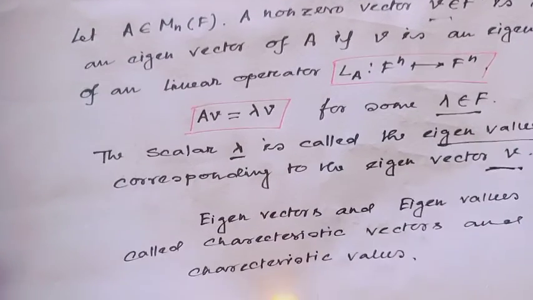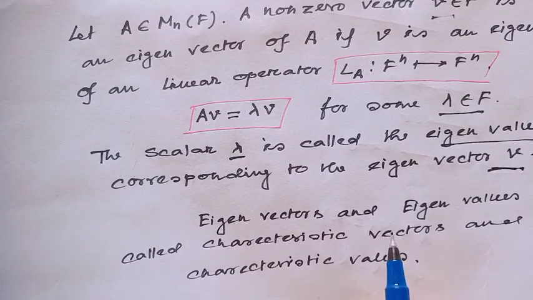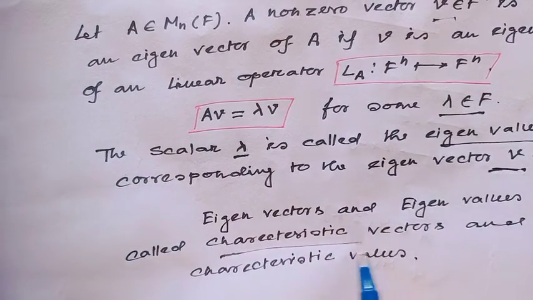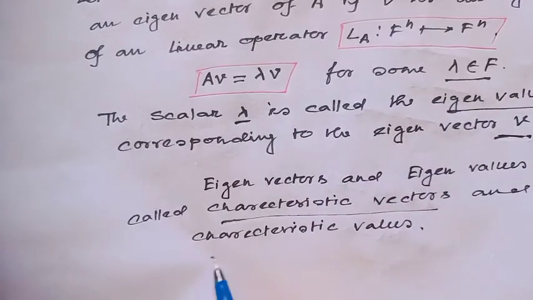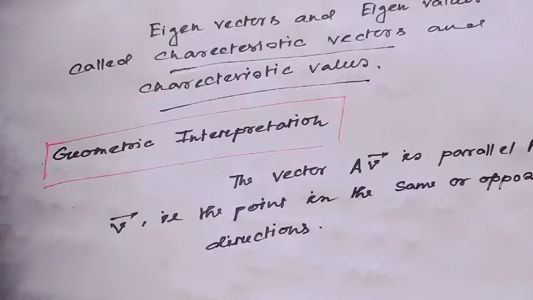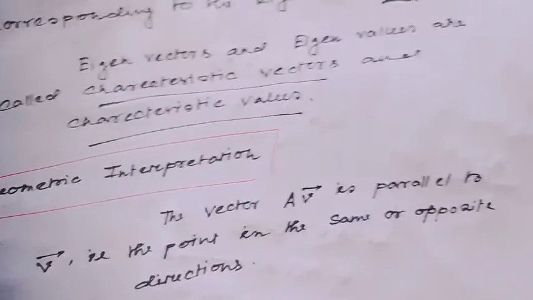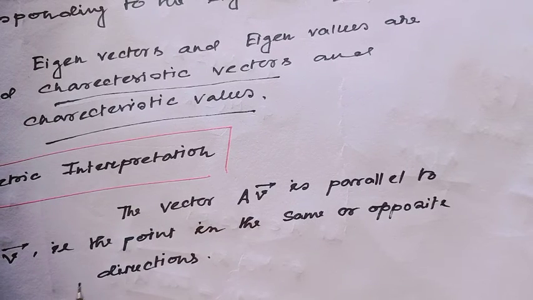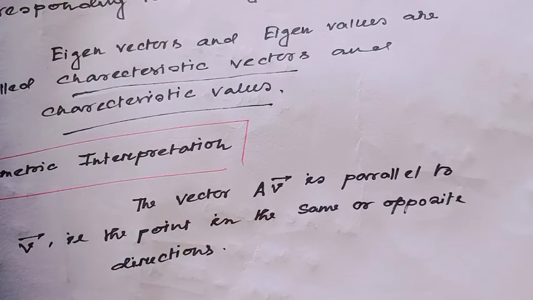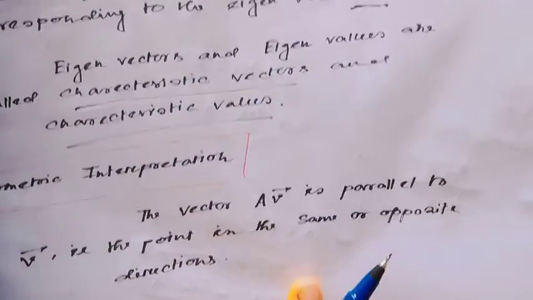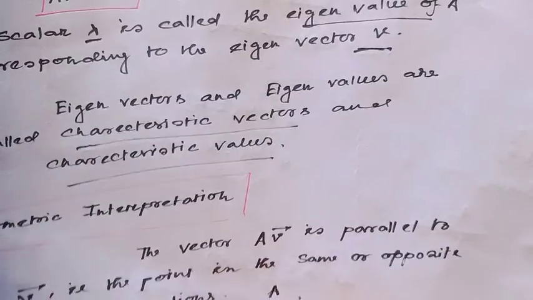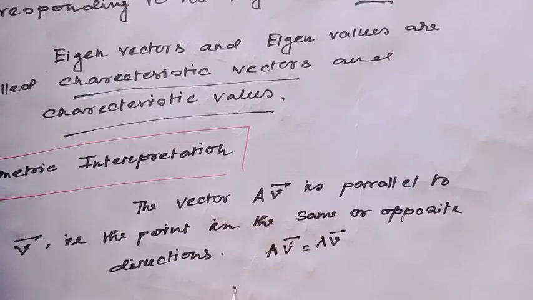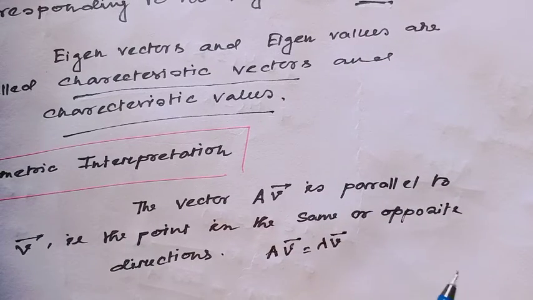And these eigenvectors and eigenvalues are also called characteristic vectors and characteristic values. So the geometric interpretation is that the vector Av is parallel to the vector v. Here we can allow, obviously, Av equals lambda times v, the direction to be the same or opposite.